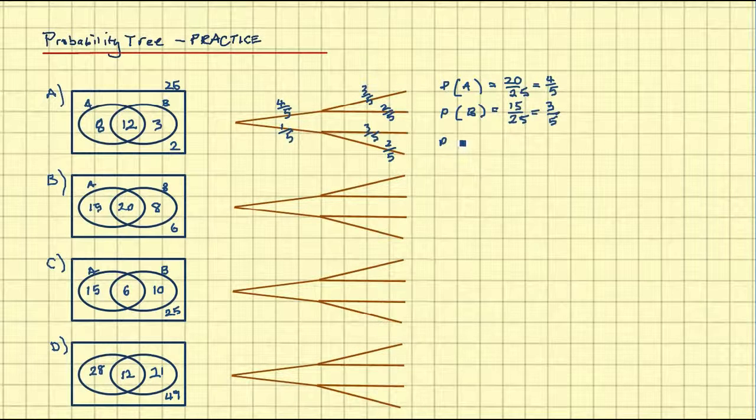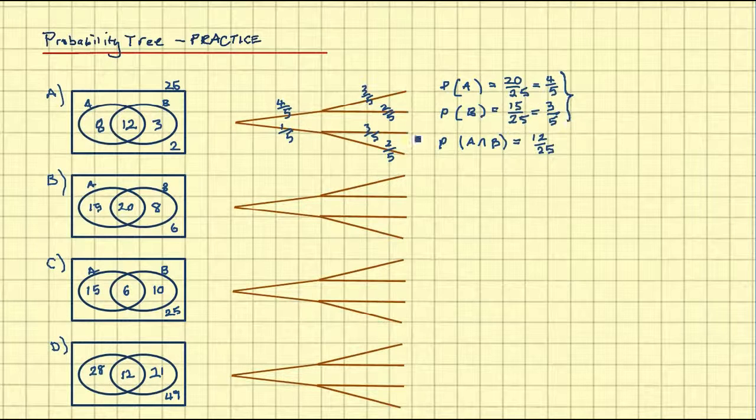Okay, so nearly finally, probability of A and B occurring. If you know how to do that, pause the video and give that one a go. So, to get that, I just need to go back to my Venn diagram here. It's this number in the middle, and the answer is 12 out of 25.